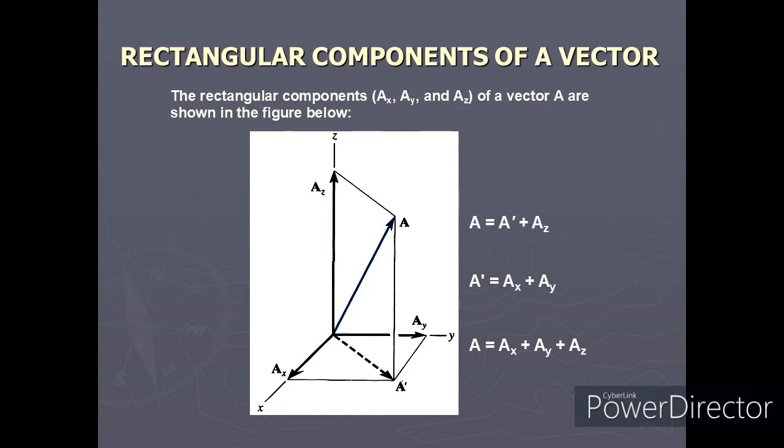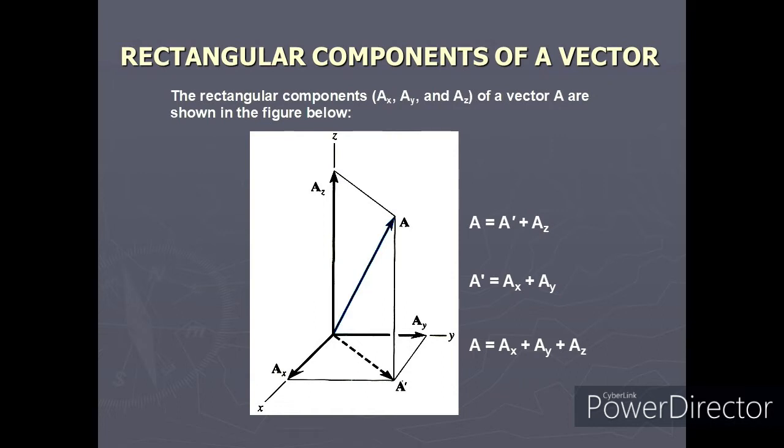Okay, so how do we find the resultant? The resultant is A, and how do we evaluate it? Very simple, right? You can consider the horizontal plane, Ay and Ax, and you can find a resultant, A prime, which is given by Ax plus Ay in Cartesian vector form.